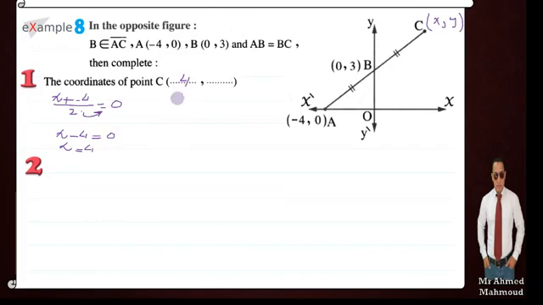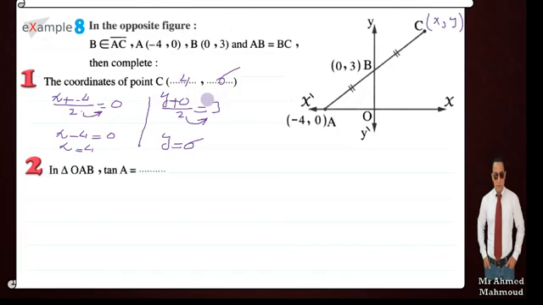This is 4. Okay, and for y, here (y plus 0) over 2 equals 3. Send 2 there, multiply, then y equals 6. Then C equals (4, 6).